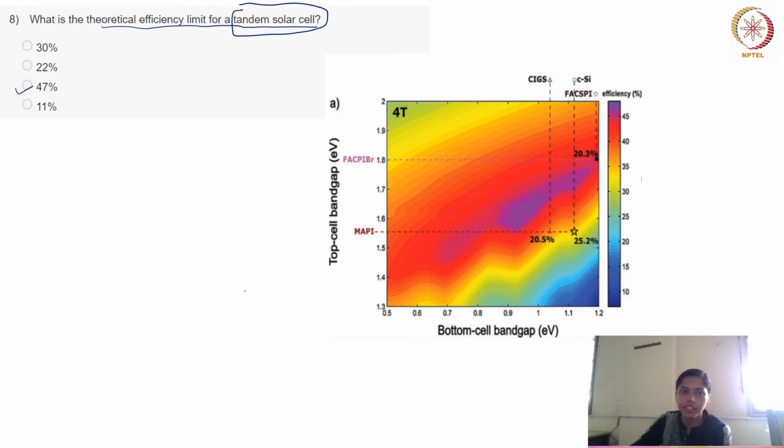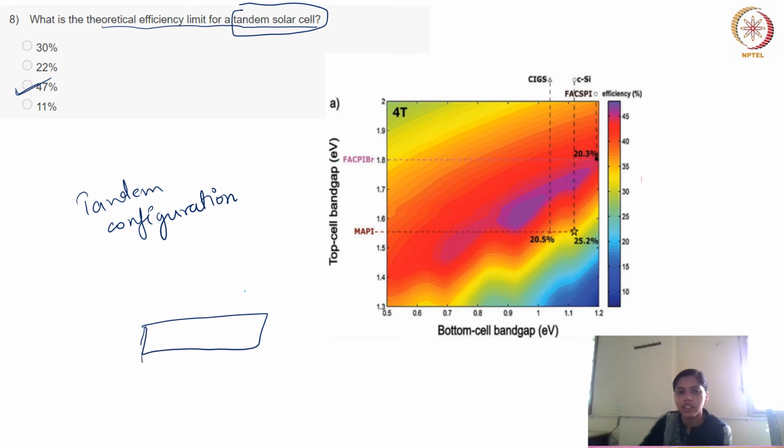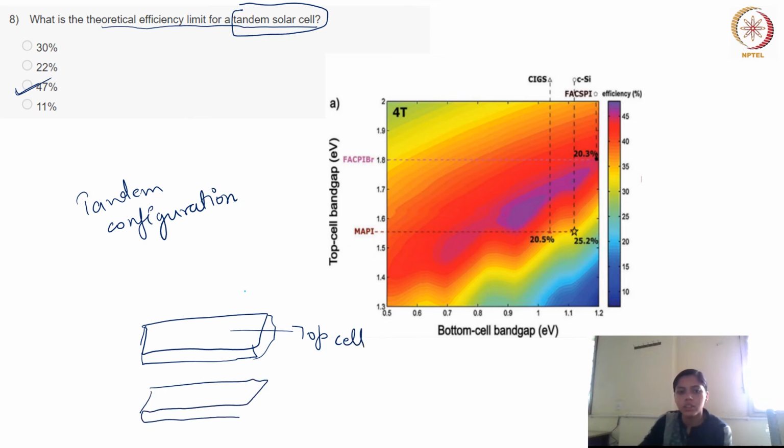It is the 47%. So basically, what are tandem configurations? In the tandem configuration, we have a solar cell which we call the top cell, and we also have another solar cell which we call the bottom cell. When light is incident on this top cell, it can be in any configuration as we have seen.